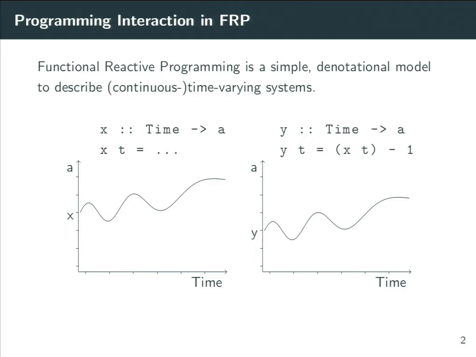But the problem with FRP, and one of the reasons why it gives so many people so many headaches, is right on this slide. If you look at this t over there, you see that we're sampling something that varies over time at arbitrary times. And the problem comes from when we look too far back in the past or we look in the future.